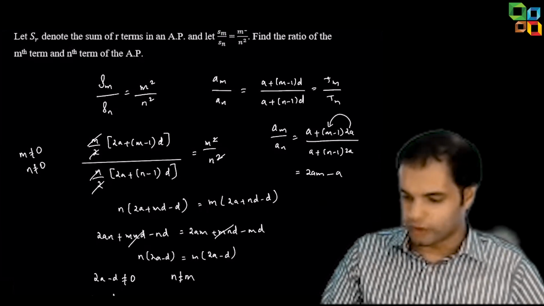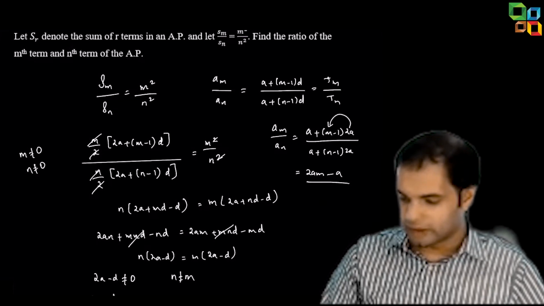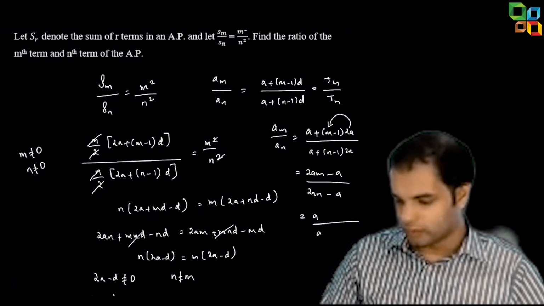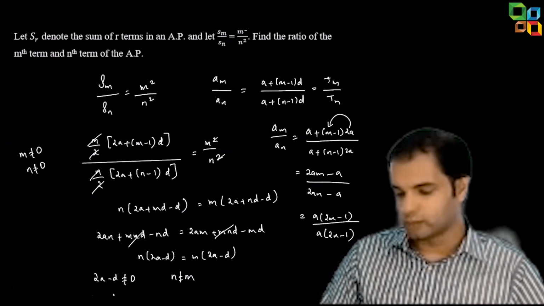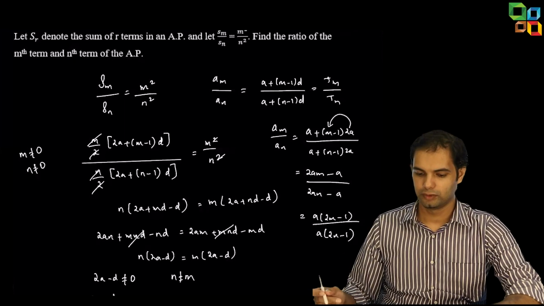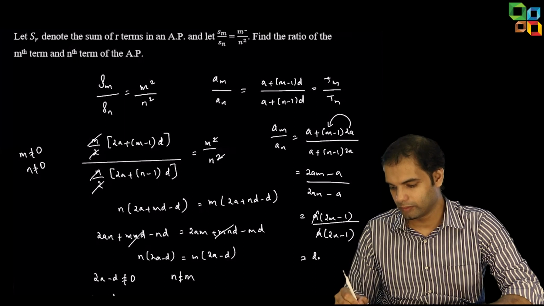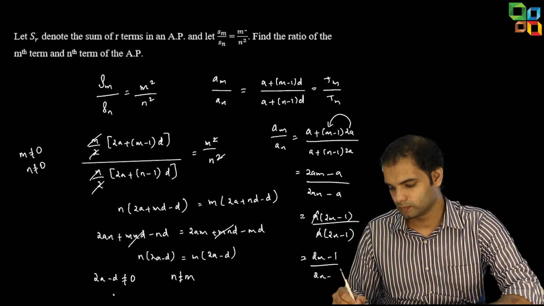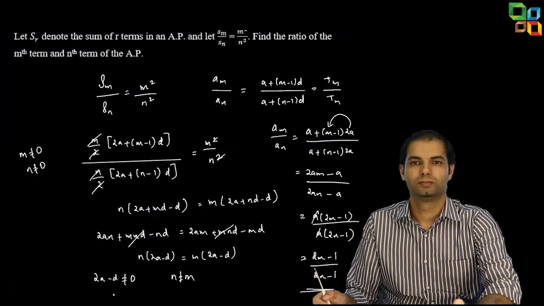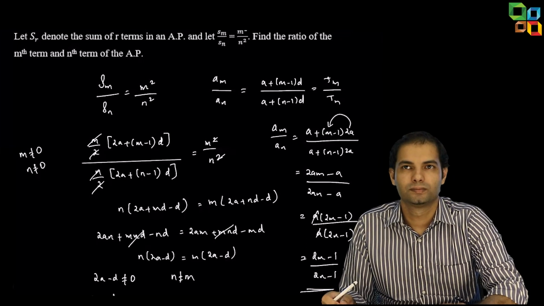So this is minus 2a plus a. So it's minus a. Similarly, 2an minus a. So a is common in numerator and denominator. So it's 2m minus 1 and 2n minus 1. Okay. So a and a will get cancelled. We have 2m minus 1 by 2n minus 1. Right?